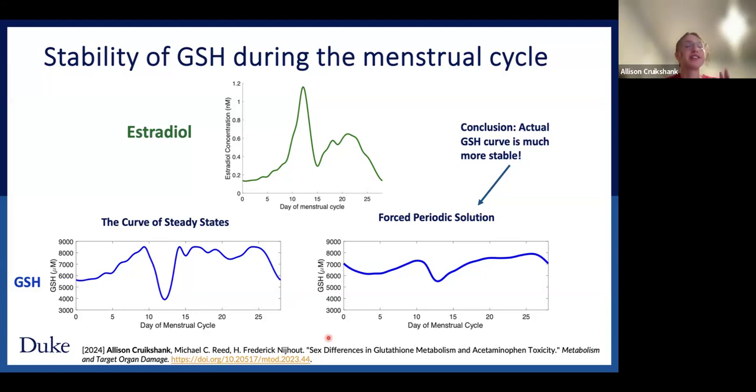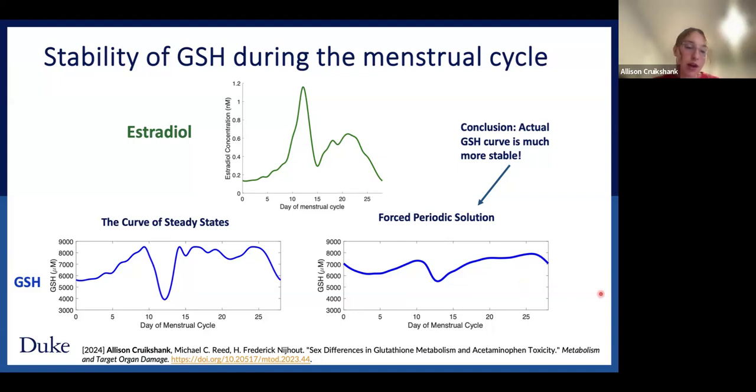I started off with a two-state system but didn't get any significant results, but it's still an interesting question. Still, this is a pretty cool result that we can show how stable glutathione is during the menstrual cycle. These are the intrinsic results of our model.